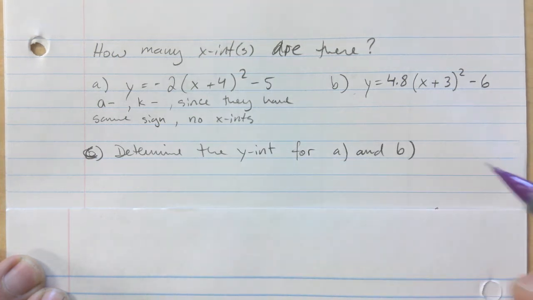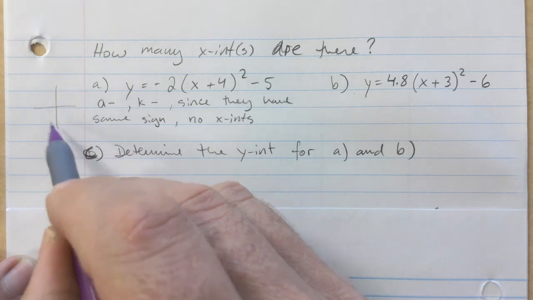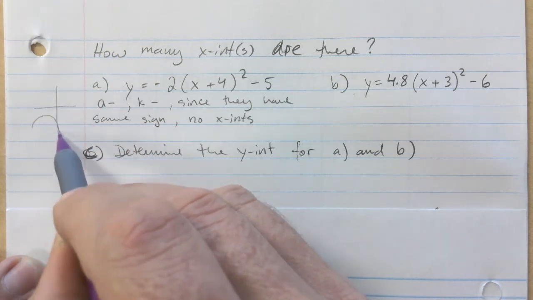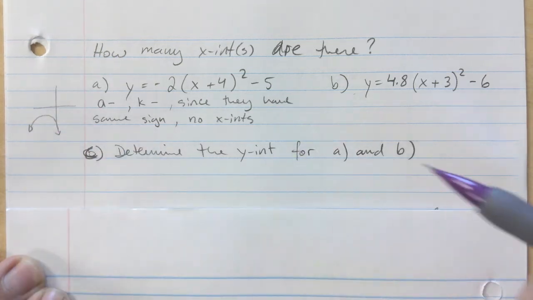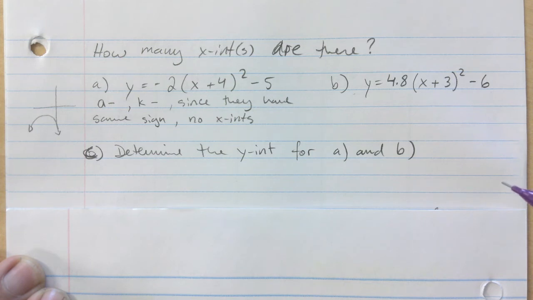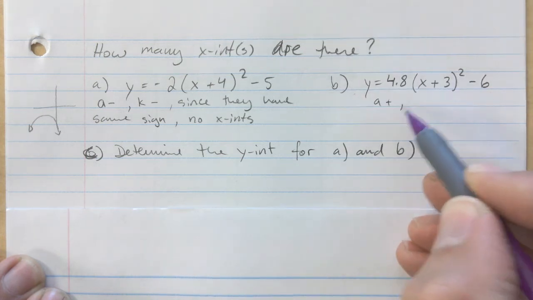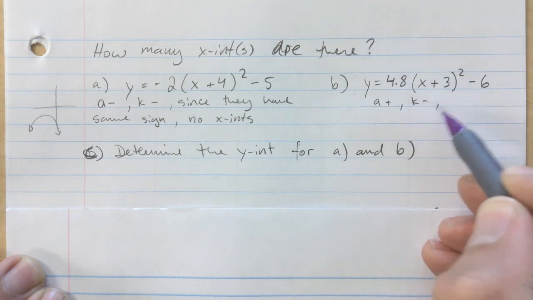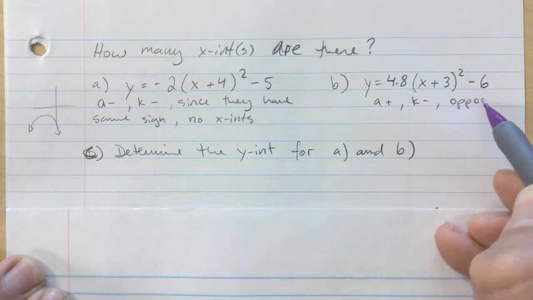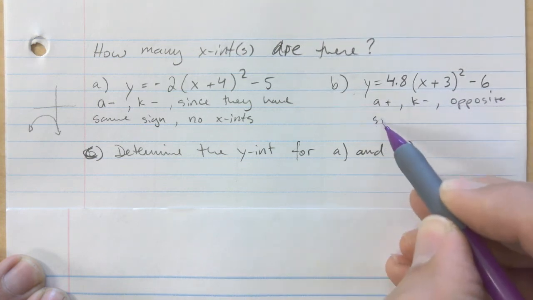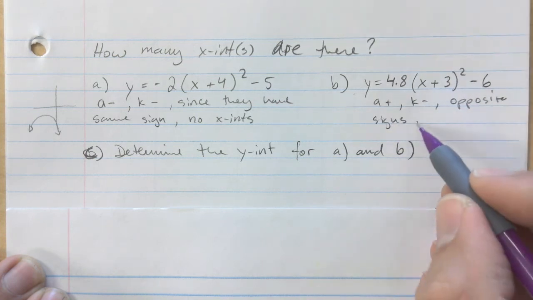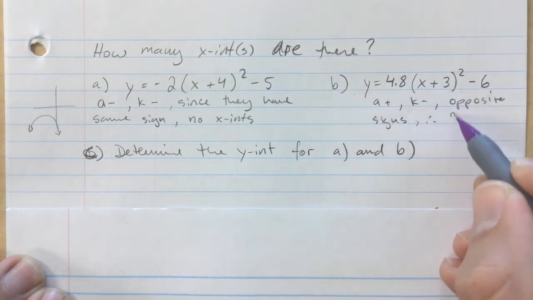They would literally be both negative and go down like that. This one, A is positive, K is negative, opposite signs, therefore 2 x-intercepts.